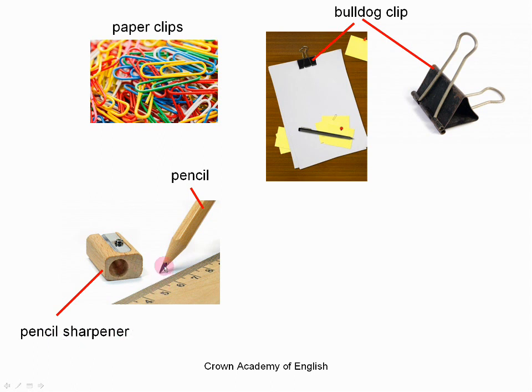So if the pencil is blunt, we use this to sharpen the pencil. And here at the bottom is a ruler, and we use a ruler to measure distance. So here we can see there are centimeters on the ruler. So 4 centimeters, 5 centimeters, 6 centimeters.